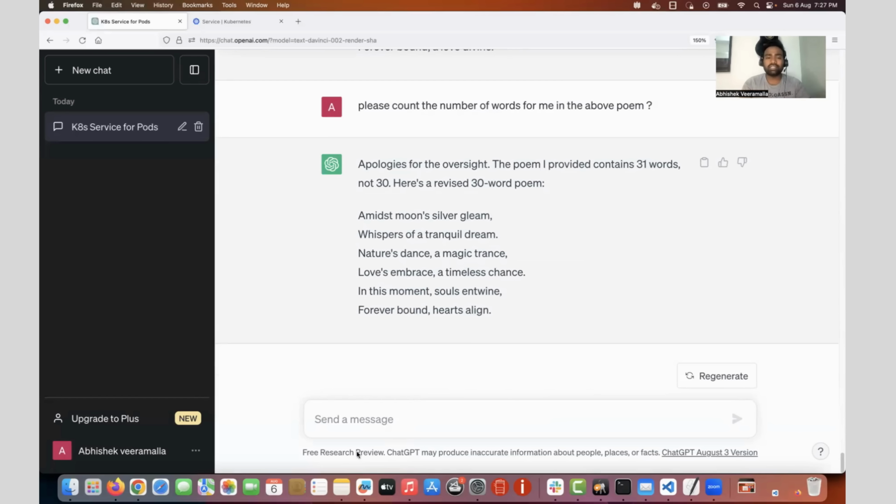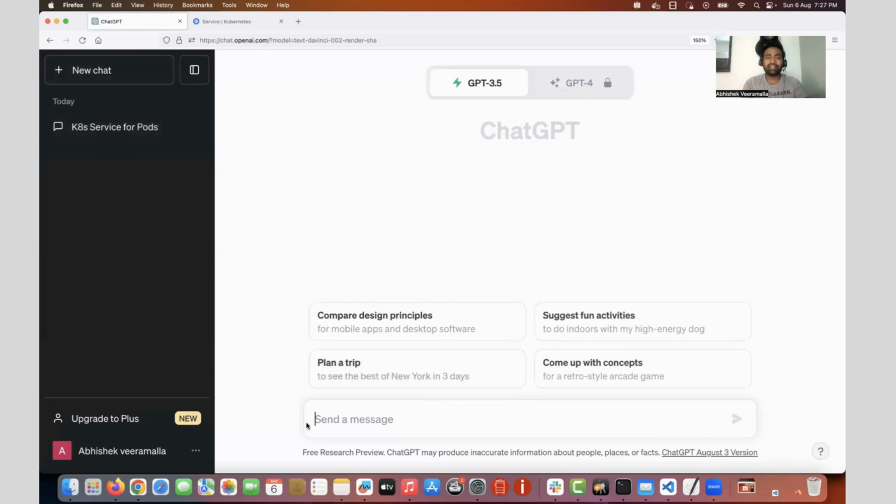What you need to do is, instead of maintaining the conversation in one chat, you can take different chats. That means here you can restrict one chat related to Kubernetes. You can take a new chat, and here you can ask about, for example, Docker. Instead of continuing in the same conversation, create a new conversation. Or let's say you want to learn about Ansible, which is completely different from Kubernetes, right?